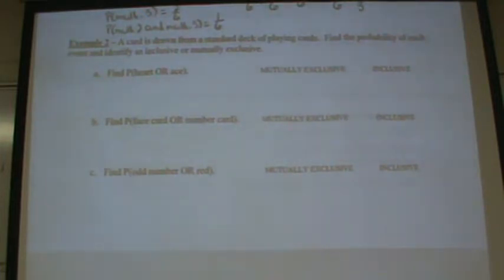So we know that a standard playing deck has 52 cards, right? So there are 52 cards. So 52 is our whole set. So part A asks us to find the probability that we get a heart or an ace. So are these events mutually exclusive or inclusive?